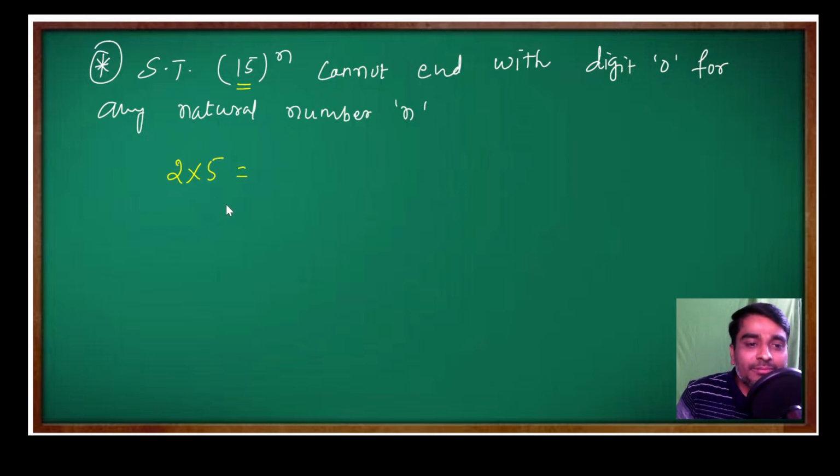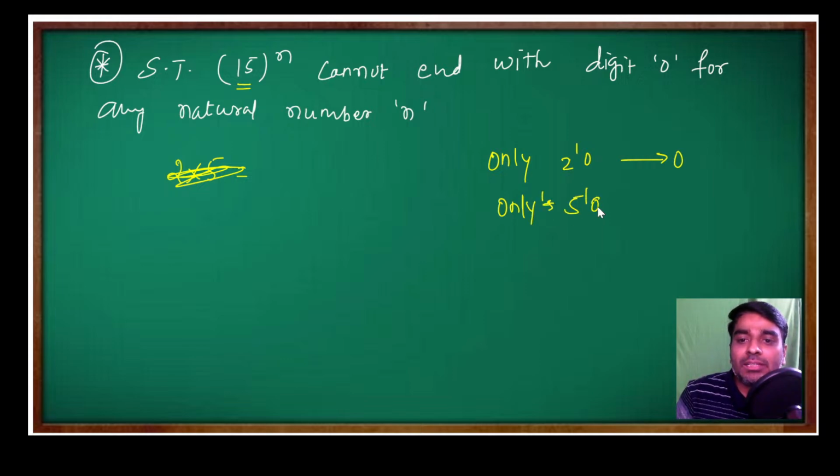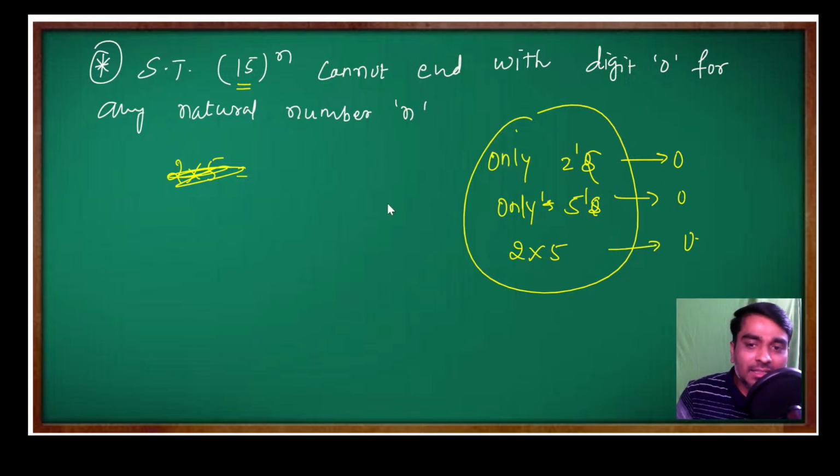If you get only 2's, it also ends with 0; only 5's also ends with 0. A combination of 2 and 5 also ends with 0. Other than this, if you get anything, it will not end with 0.